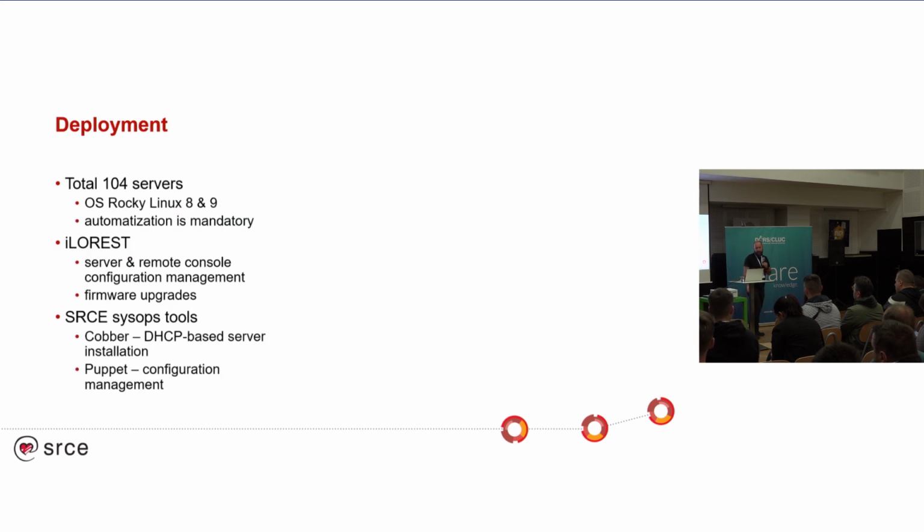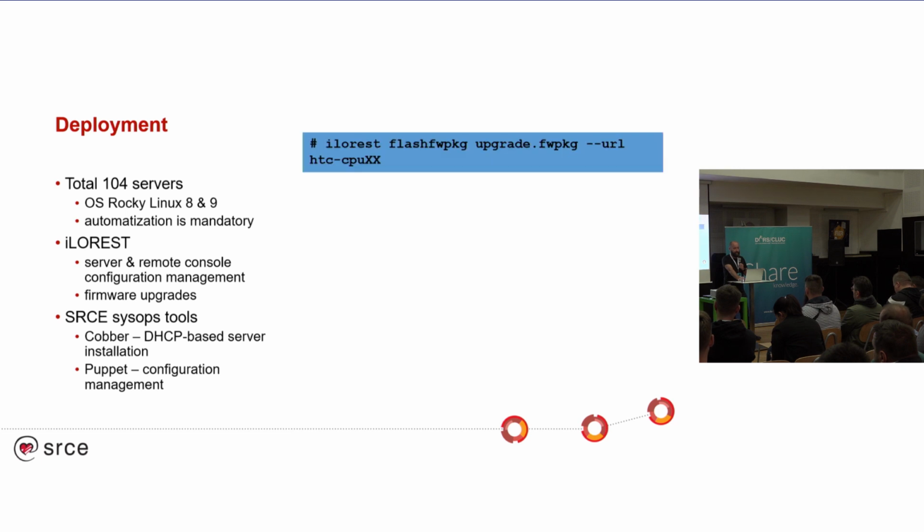So deployment: it's a total of 100 servers, so it makes no sense to do anything manually. We rely on the tools that we have been using at Srce for quite a while now. First thing, when you have over 100 servers, you need to manage the remote consoles and the configuration of BIOS.